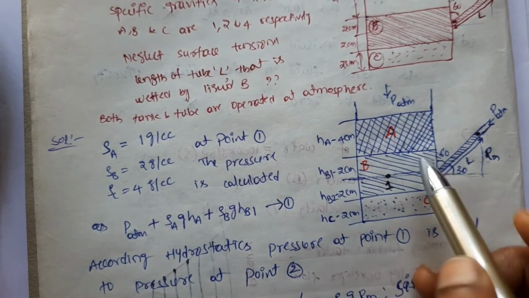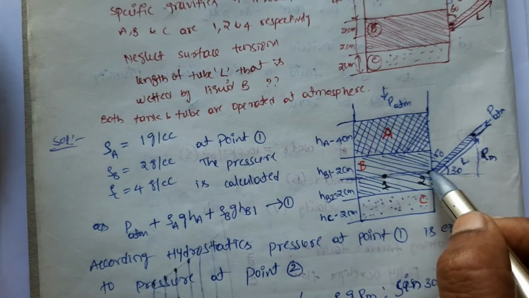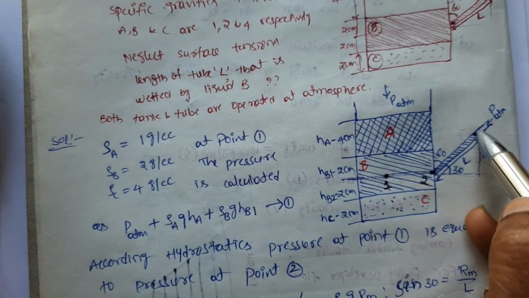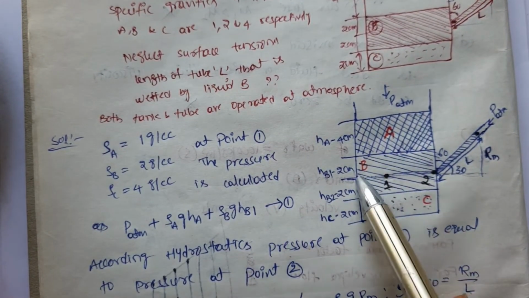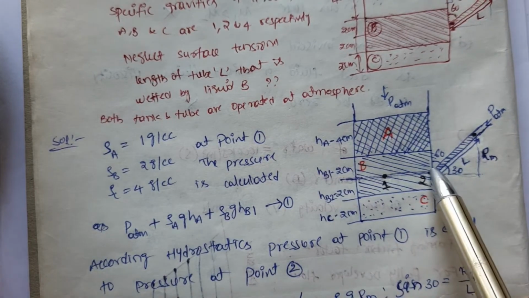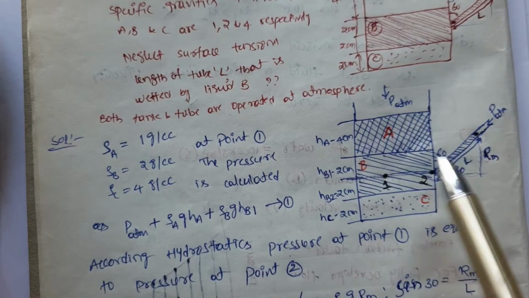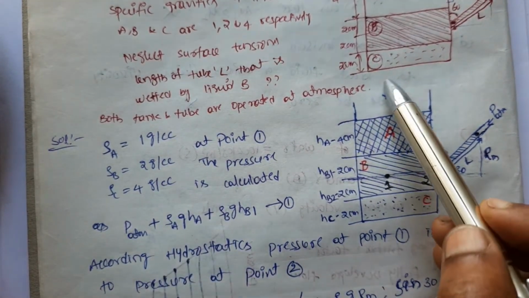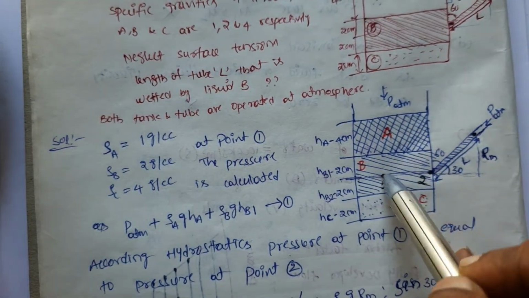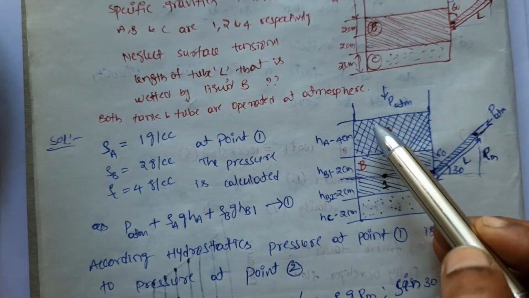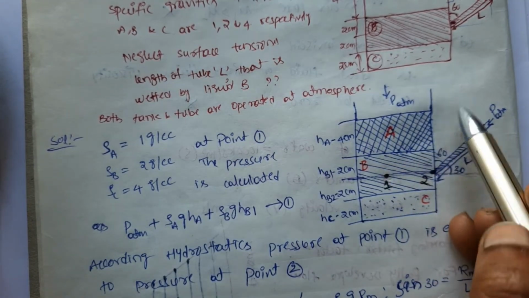Okay, so let's say this is point 1 or location 1 and this is location 2. Okay, this is one more location. So as per hydrostatic equilibrium, what we know is that the pressure along the same horizontal level is the same, right? So whatever the pressure at this position is, it is the same as at this position. So the pressure at this position is atmospheric pressure plus the sum of all the pressures acting downwards, in this direction, right? So atmospheric pressure plus, due to hydrostatic equilibrium, the pressure of a fluid column is rho g h.